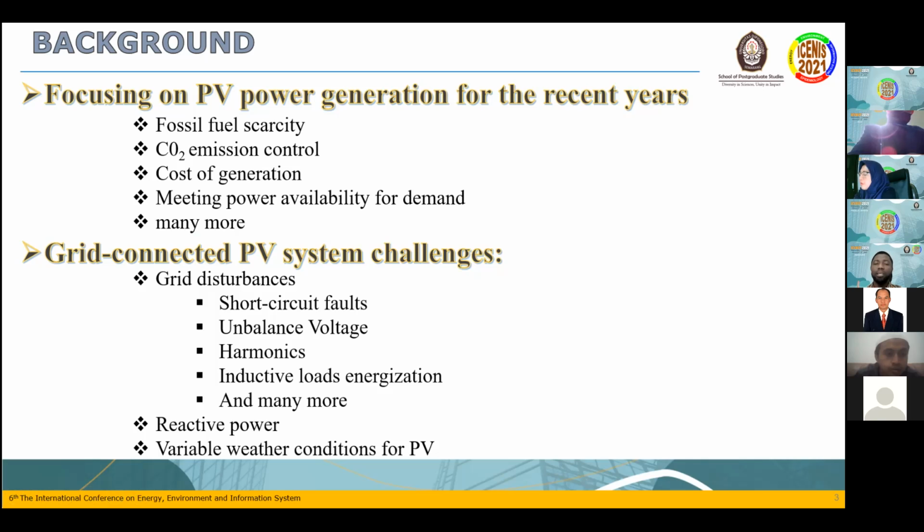It causes disasters, environmental issues, etc. But due to the rapid implementation of PV generation, we hope for a clean environment in the near future, as well as the cost of transportation, cost of maintenance, and the cost of generation as a whole are challenges that we encounter through the conventional method of generation. But PV generation gives a very good assurance of overcoming these challenges.